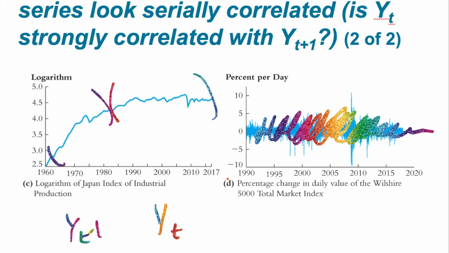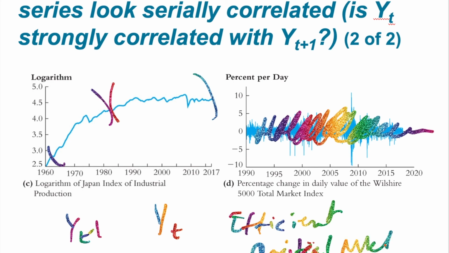That is a very, very difficult thing to do, and based on the efficient capital markets hypothesis, if it holds true, then you cannot predict the percent change tomorrow based on the percent change today.